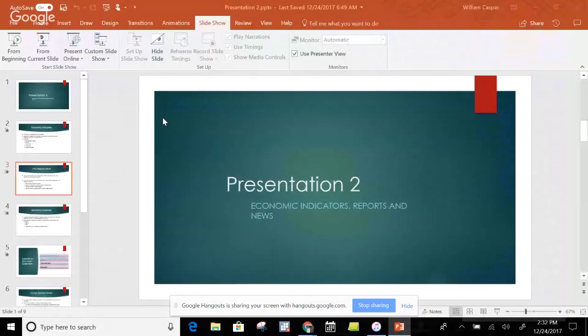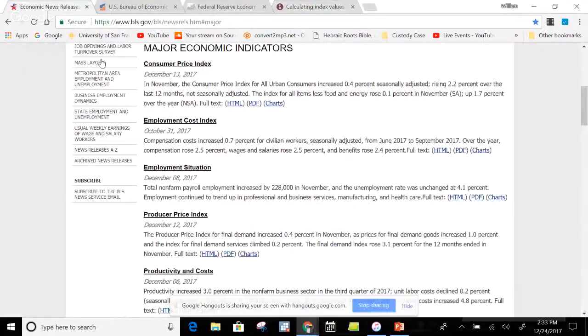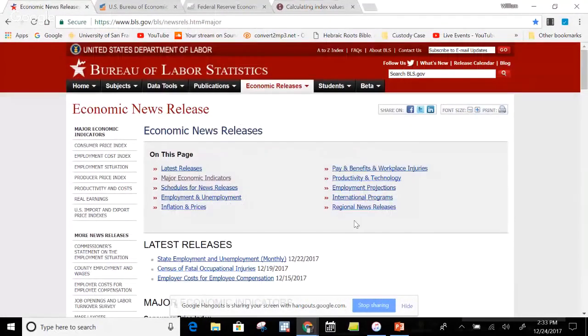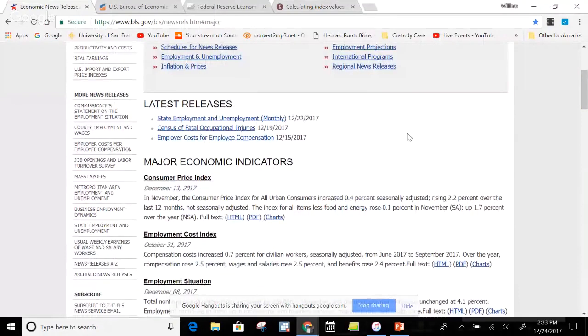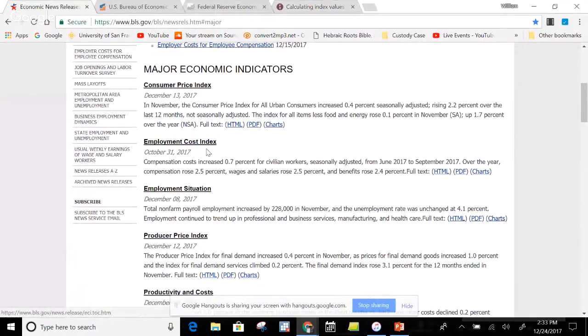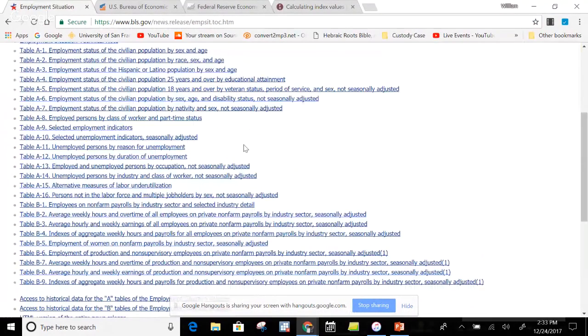So the first one that we're going to get into is right here. This is the Bureau of Labor Statistics, right? Like I said, you can go to the Bureau of Labor Statistics and get all sorts of different things. But the one that we were focusing on is the employment situation, right? It's really, really detailed, right?